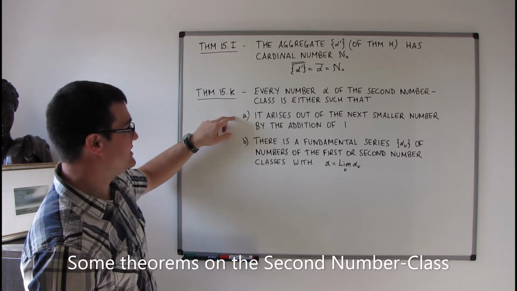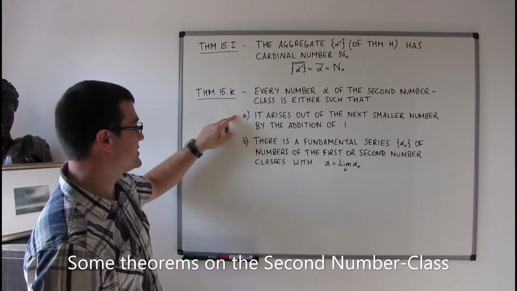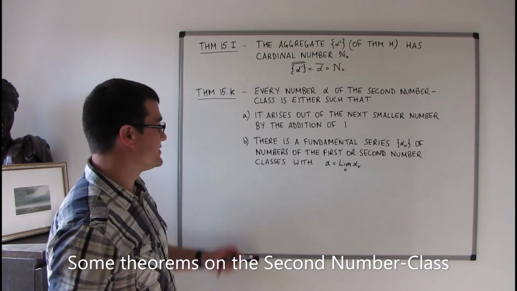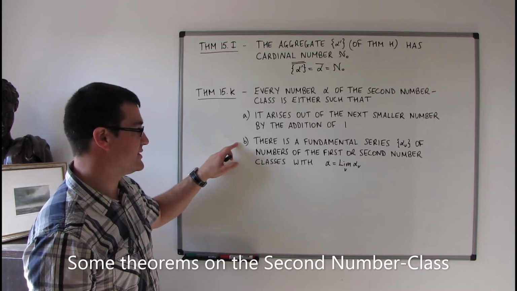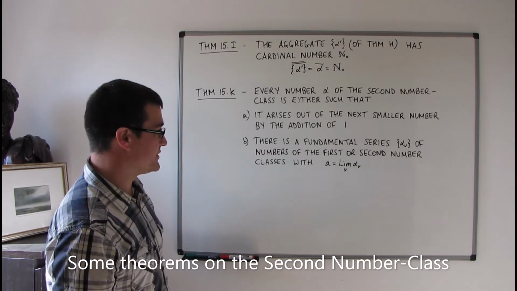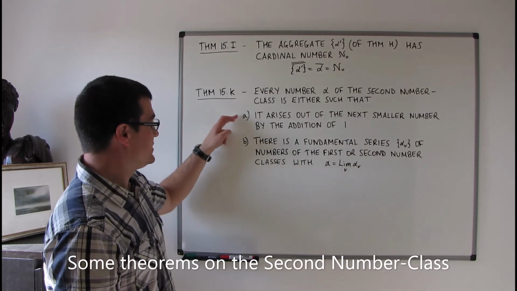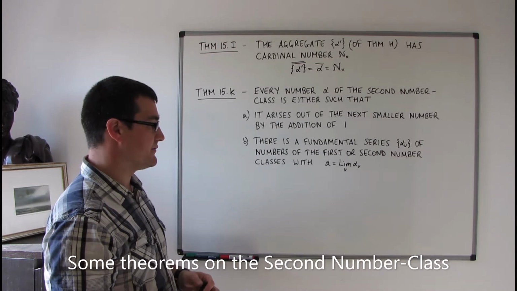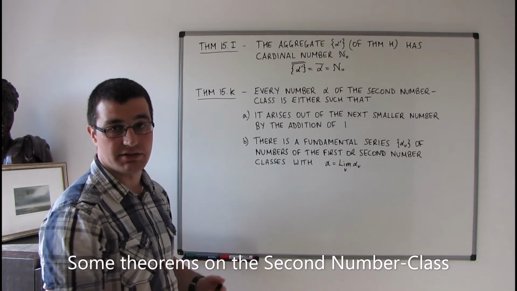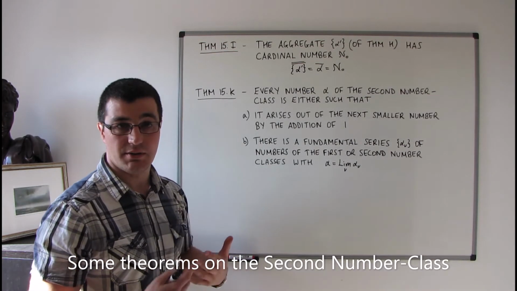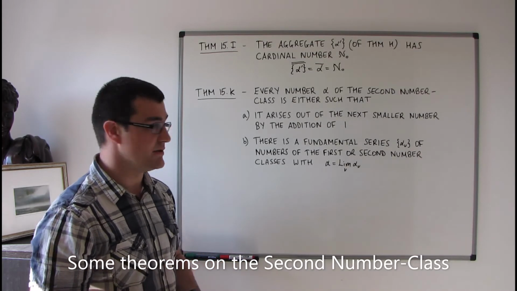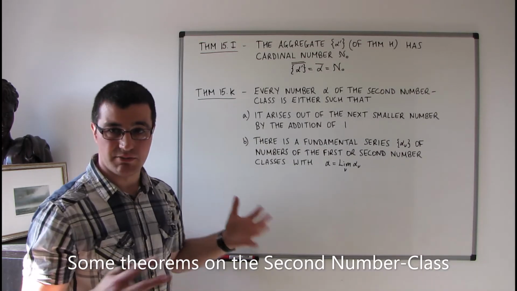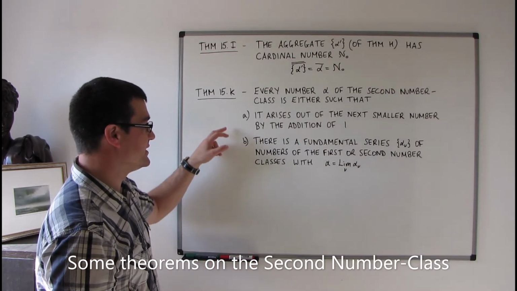but this is what's called the first principle of generation of the numbers of the second number class, and this is called the second principle of generation of the numbers of the second number class. So this exhausts all of the possible ways of obtaining numbers in the second number class. In fact, these principles of generation are enough to carry you through all of the number classes, not just the second number class, but we're really concentrating just on the second number class here.